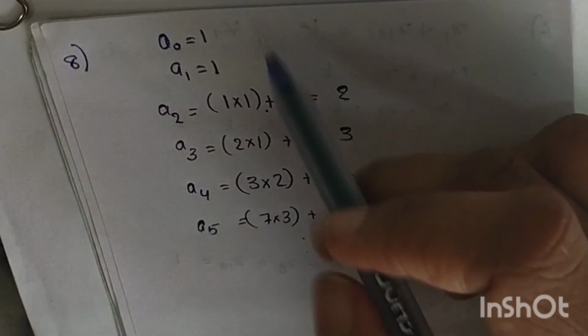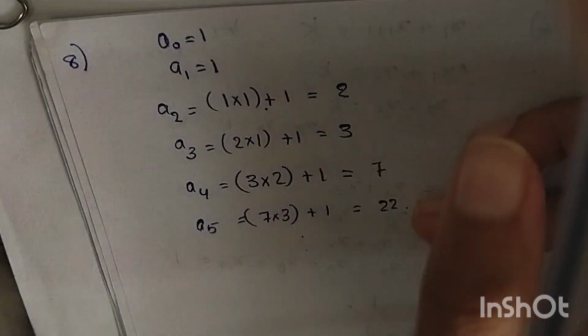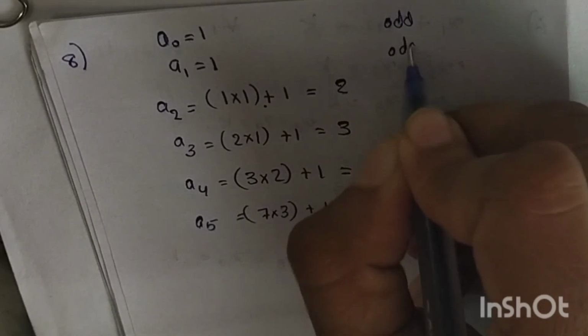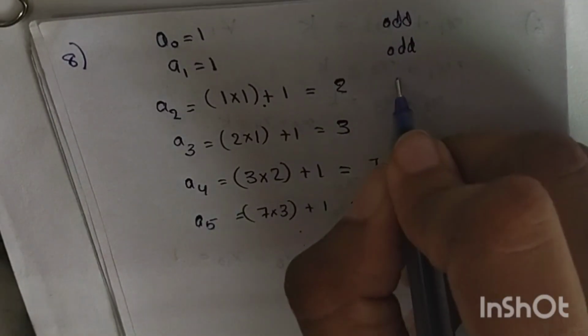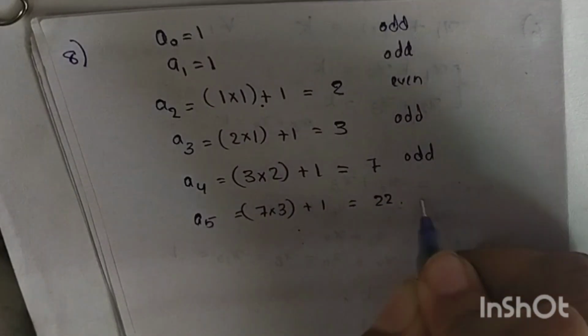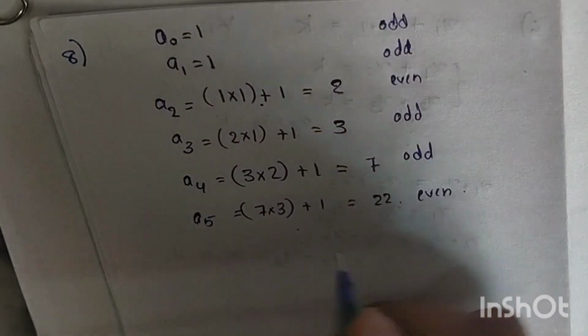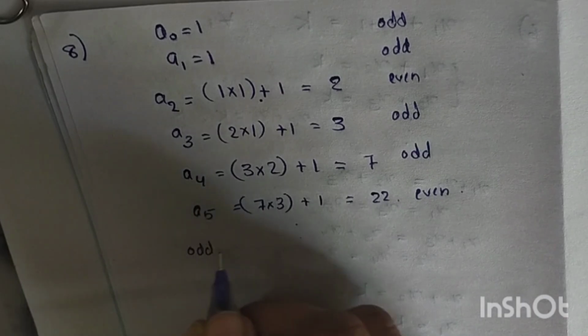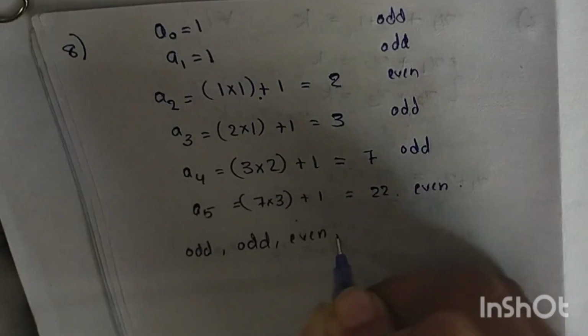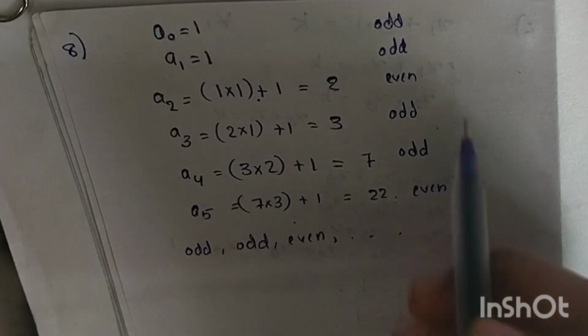If we check the parity, that is whether it is even or odd, we can say that a0 is odd, a1 is odd, then even, odd, odd, even. So we get a pattern, that is odd, odd, even, and it continues: odd, odd, even, odd, odd, even.